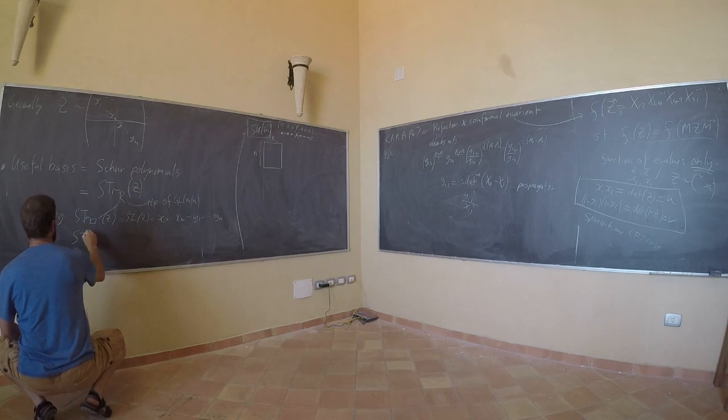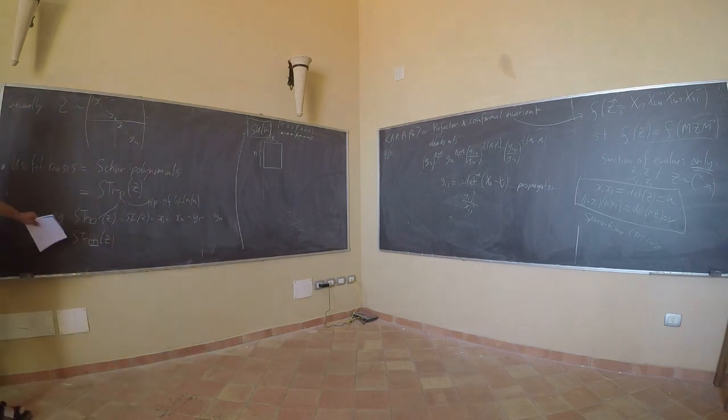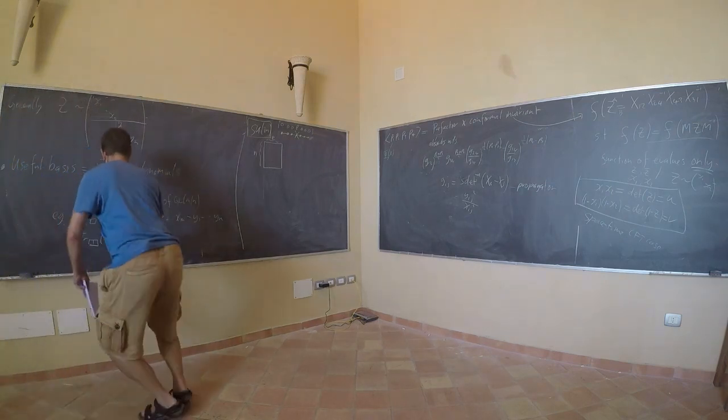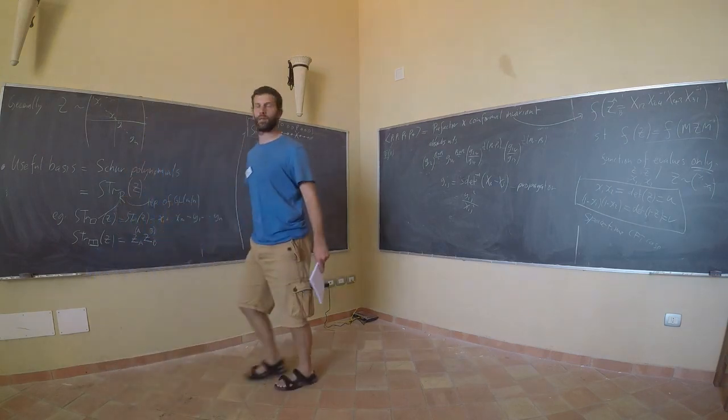The super trace, I'm just going to give you two examples to give you an idea. So this guy simply means I take two copies of my Z and symmetrize the indices and then take the trace, so I can write it like that.